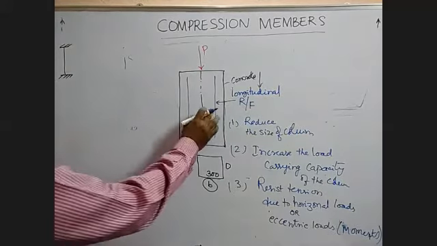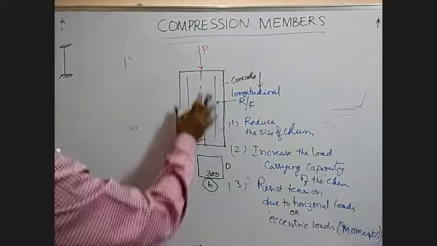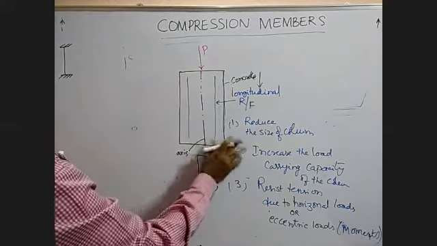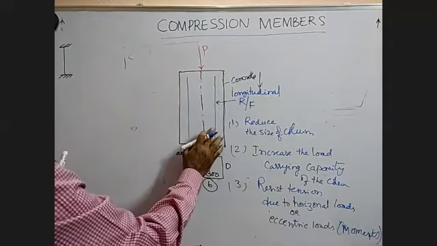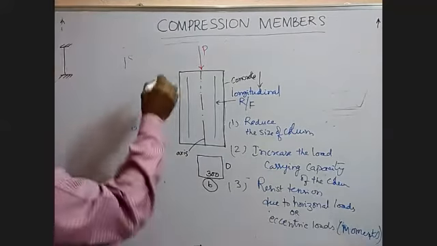If you don't provide this longitudinal reinforcement, the size will be increased and the load carrying capacity of the member also. If you provide this vertical reinforcement, it resists the tension developed due to horizontal loads and eccentric loads.